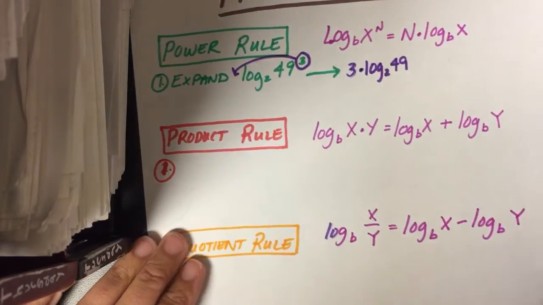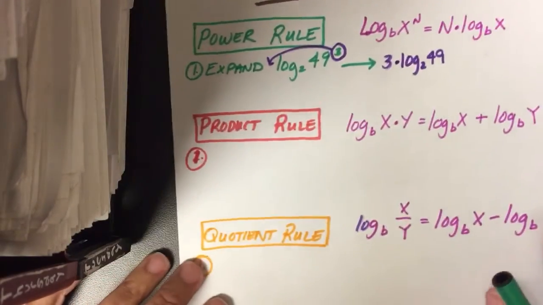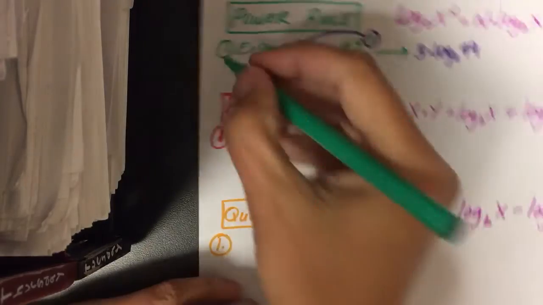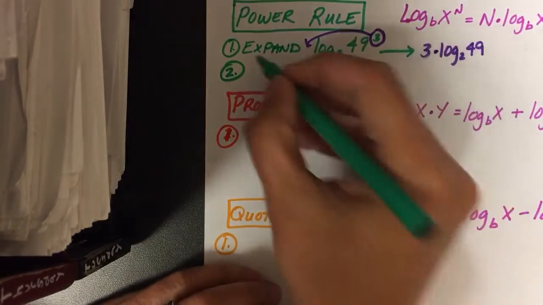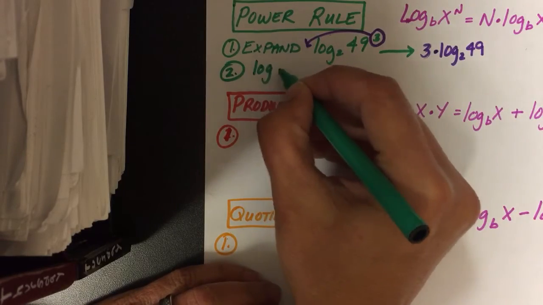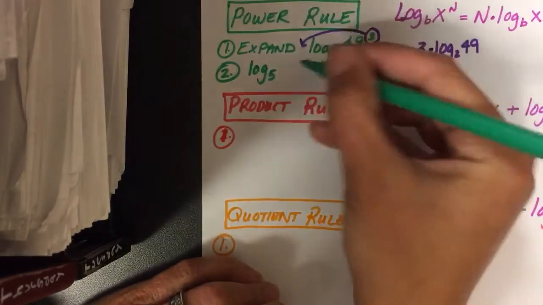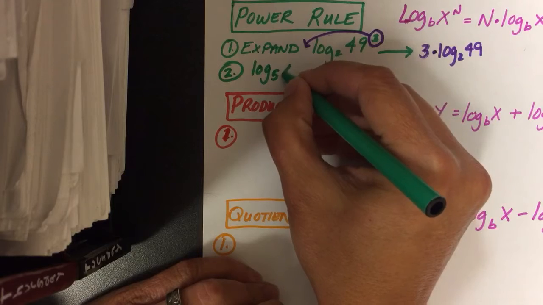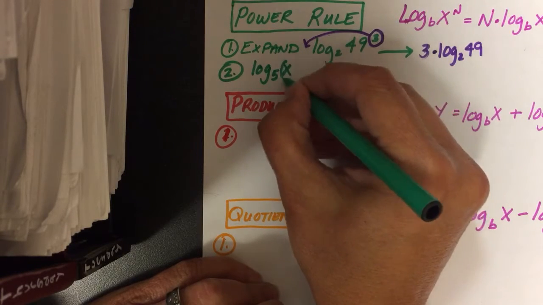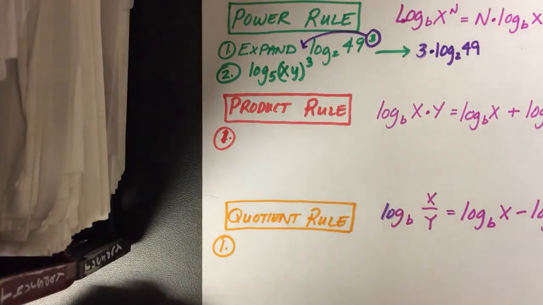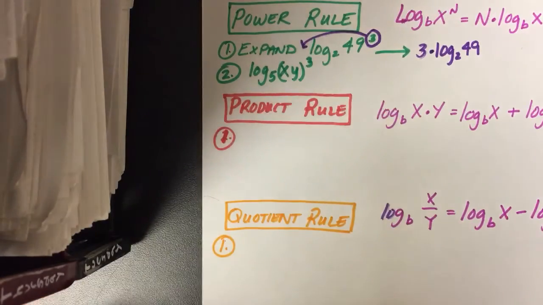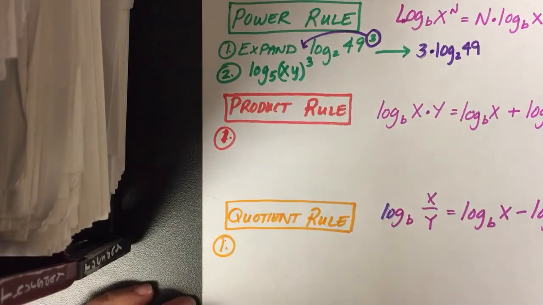But we do have some other examples that aren't quite so nice and neat. So let's look at a second one. We're going to expand again, okay? But let's look at an example where I have something like log base 5 of (xy) cubed. This does tend to confuse some people because they see the x and the y together and wonder, what am I supposed to do with that?